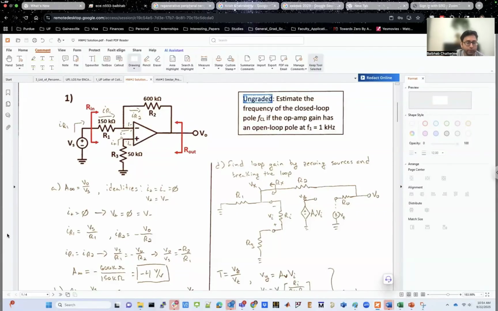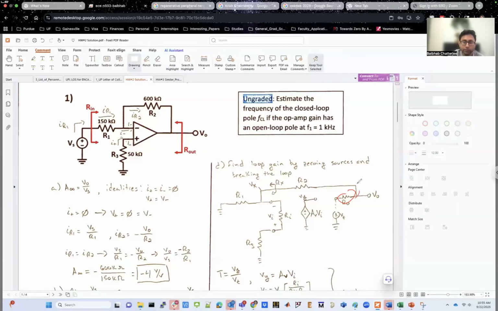It's the same concept anyway. But if you just go by the book, when you are trying to find the loop gain, you first break the loop and then multiply the individual gains that were present in the original loop. So in that case, you encounter basically the output resistance of the op amp. The output resistance of the op amp was given to be some value in the question.